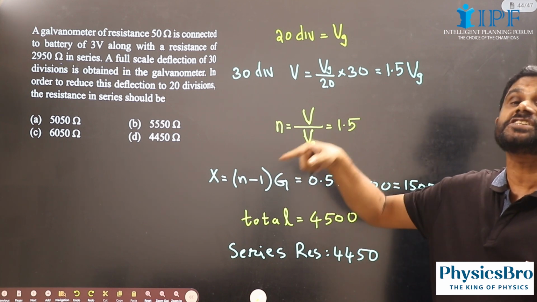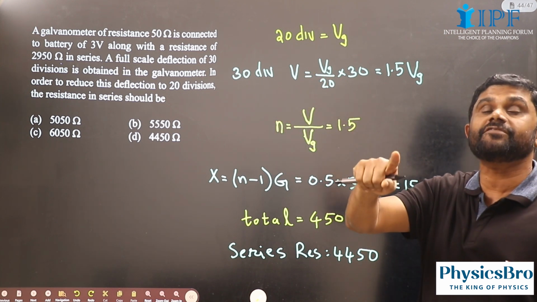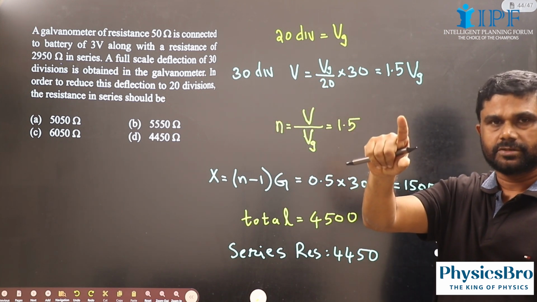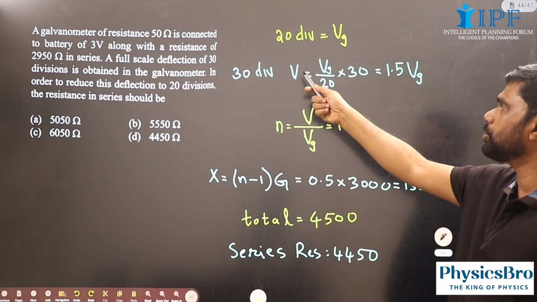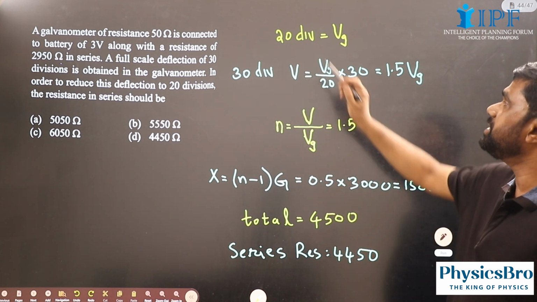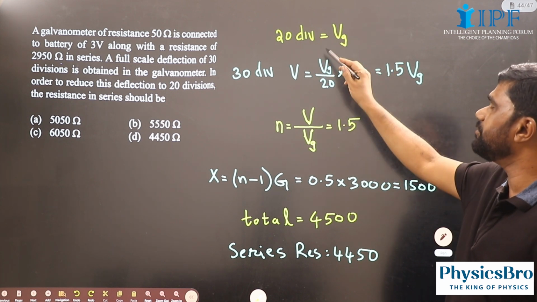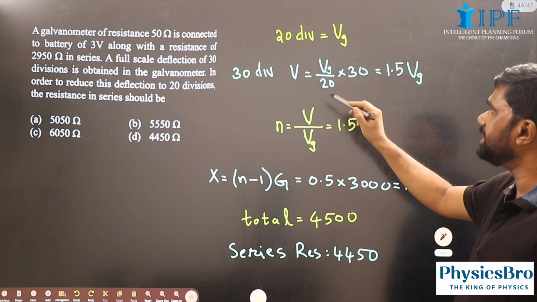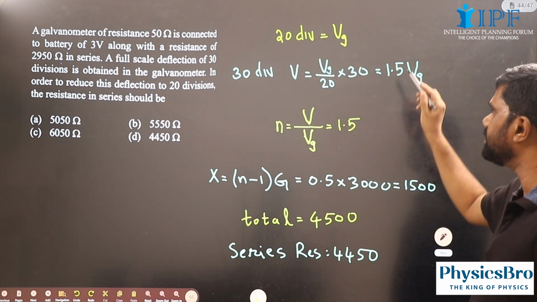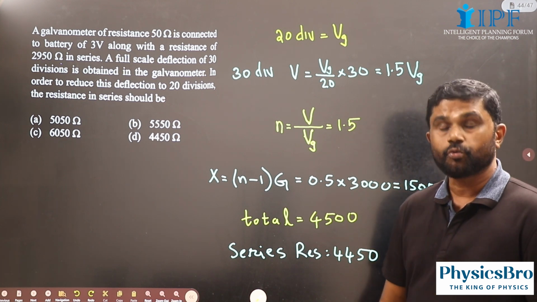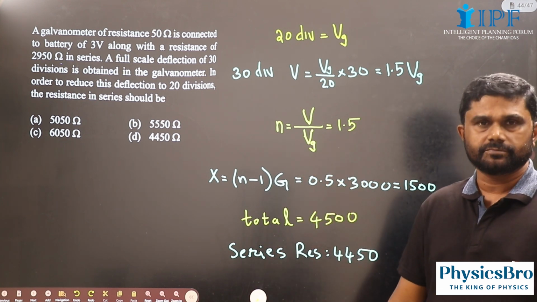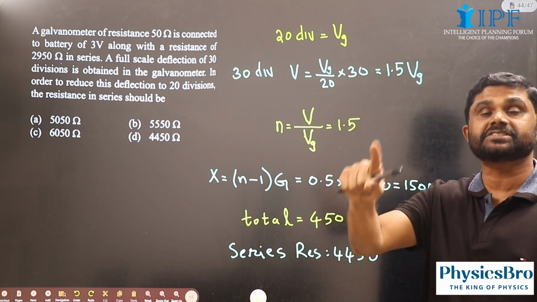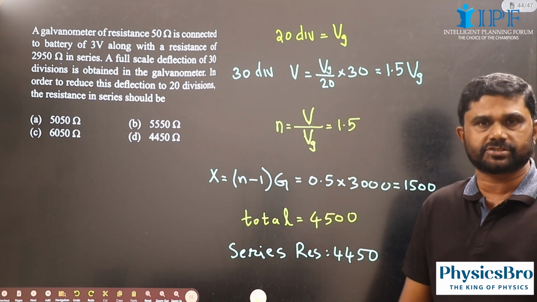When its range is improved, that Vg will be 20 divisions. So full scale 30 divisions will be: 20 divisions Vg, so 1 division Vg by 20, and 30 divisions Vg by 20 into 30, that is 1.5 Vg. Originally it was Vg. Now it is 1.5 Vg. So the voltage capacity is increased by 1.5 times.